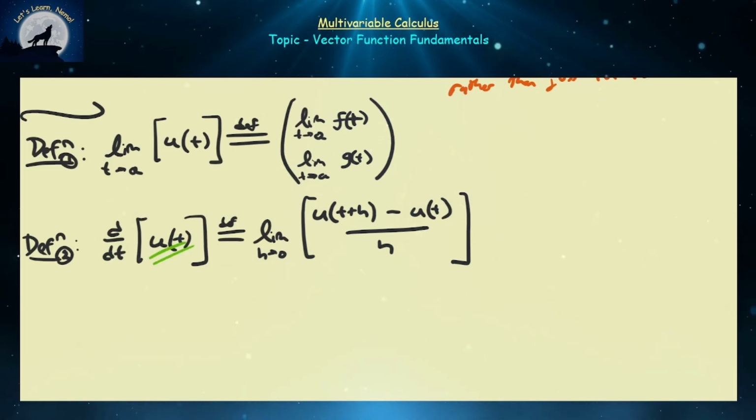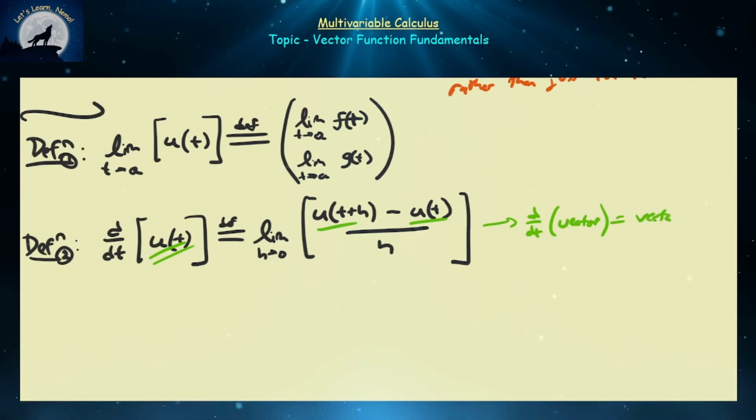U is a vector. That means u of t plus h is a vector. U of t is a vector. Therefore, vector minus vector is vector divided by a scalar. That's still a vector. So that means the derivative of a vector with respect to a variable t will also be a vector as well.